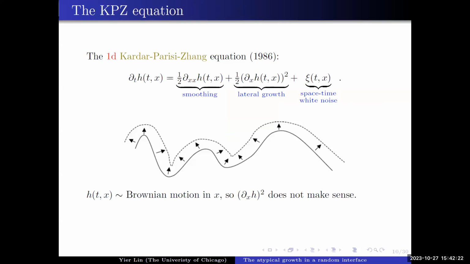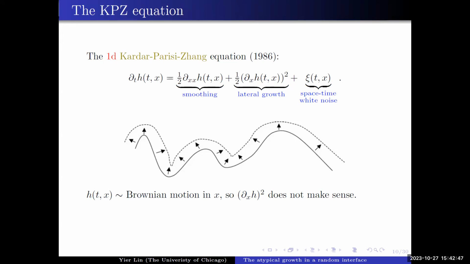So the question is, can we write down some equation that models these random interface growths and at the same time captures the important structure behind? Kardar, Parisi and Zhang in 1986 proposed this stochastic partial differential equation, called the KPZ equation.